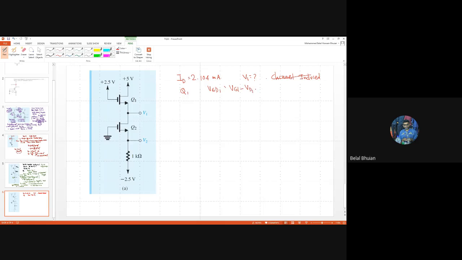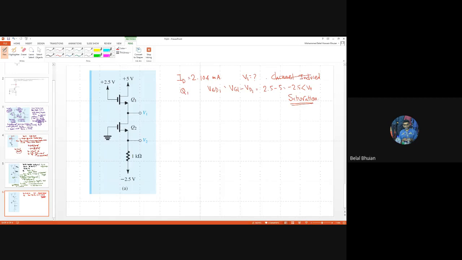You're right. So VGD1 we can check: 2.5 minus 5 minus 2.5, which is less than VT, so it's in saturation region. Now we are sure that it is operating in saturation region.